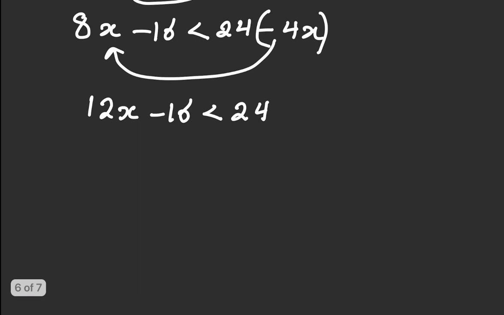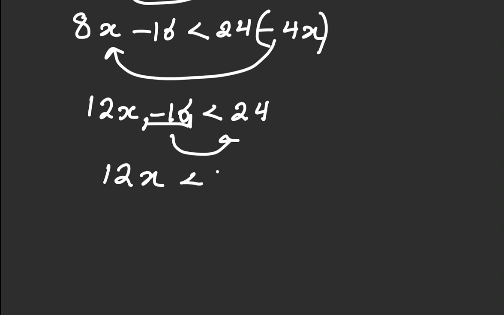Now let's solve it even more. Let's push this to the other side. 12x is less than 24 plus 16, which is simply 40. So since we're not dividing or multiplying by a negative integer, we can just simply keep the same sign for that, and that would give us x is less than 40 upon 12.